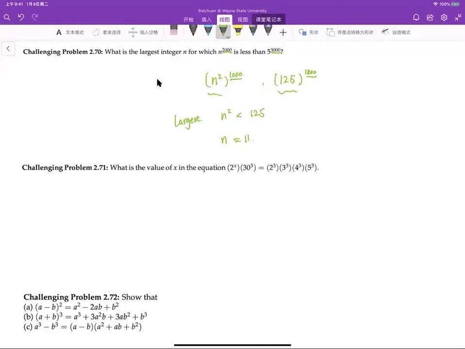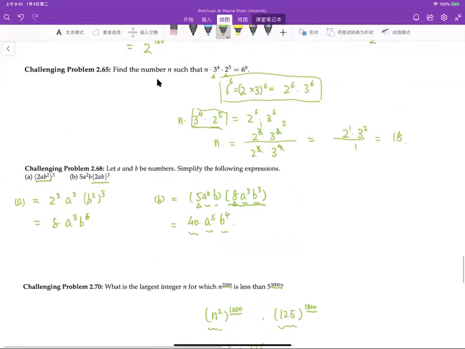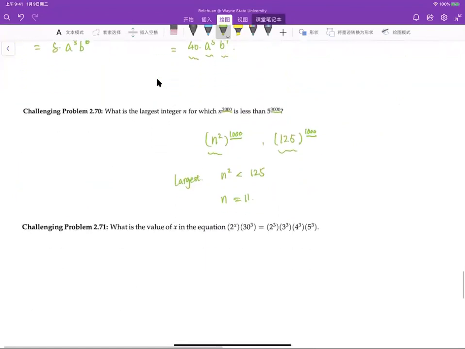Then 71, what's the value of x for the equation? So again, this is pretty similar to 2.65. So basically, we still want to write 30 as a product of 2, 3, and 5. Right? So we know that 30 equals 2 times 3 times 5. So that's why 30 cubed equals 2 cubed times 3 cubed times 5 cubed.